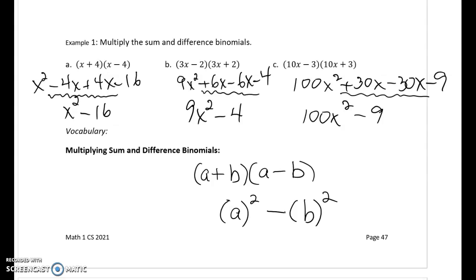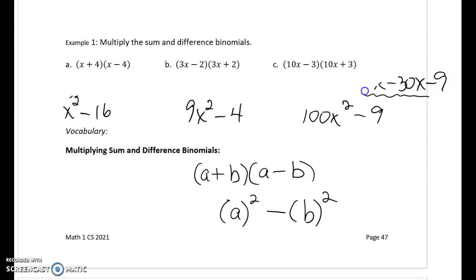Let's go ahead and apply this back to the original 3 problems. I'm going to erase my work here, keep the answer, and apply this shortcut, again recognizing that it is a sum and difference binomial: same 2 terms inside the parentheses with opposite signs in between.